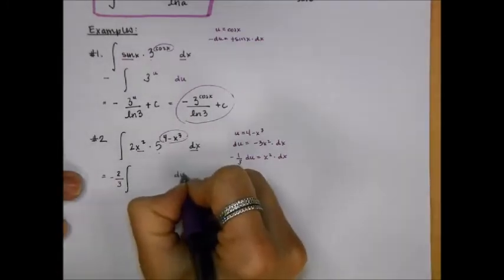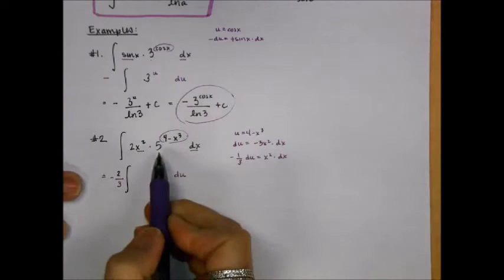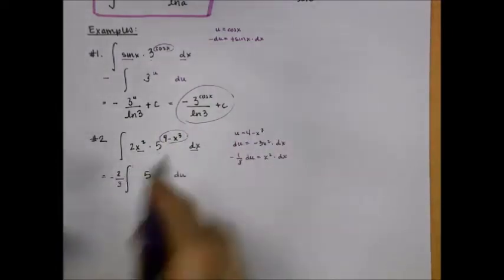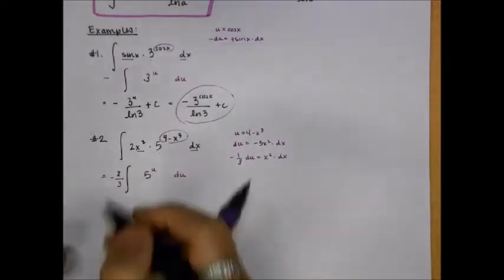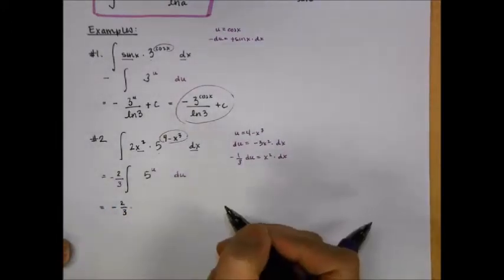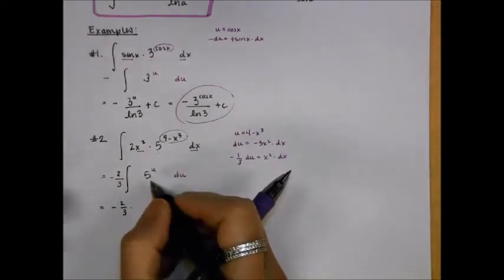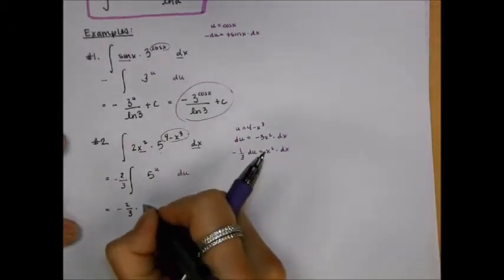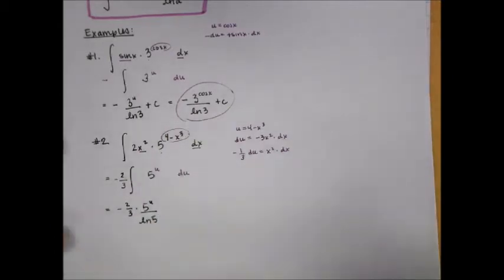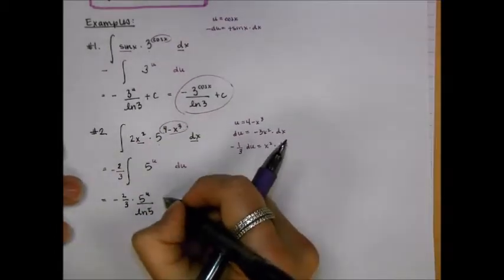That's going to leave us here with 5 to the power u. So I have my negative 2/3 coefficient. Integrating 5 to the u with our formula, we get 5 to the u divided by the natural log of 5 plus c.